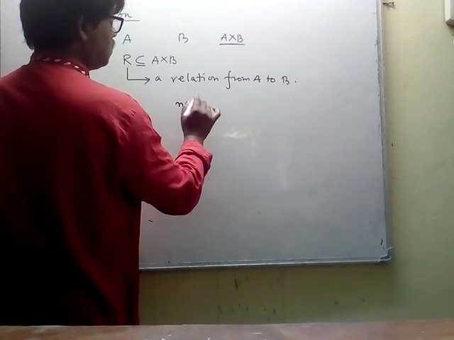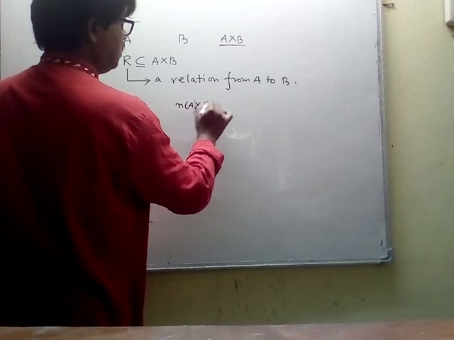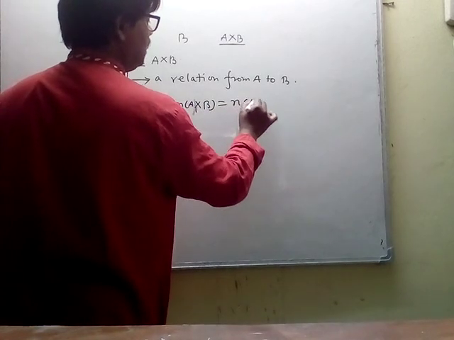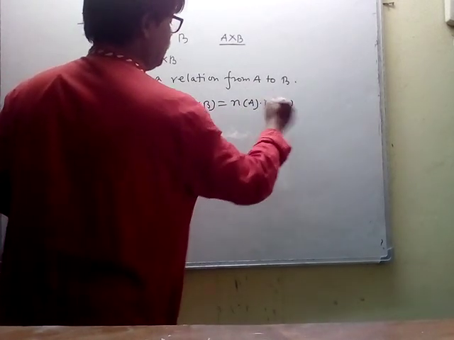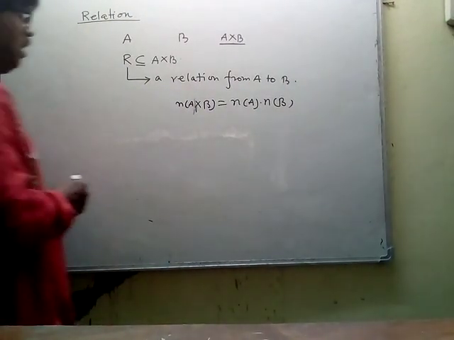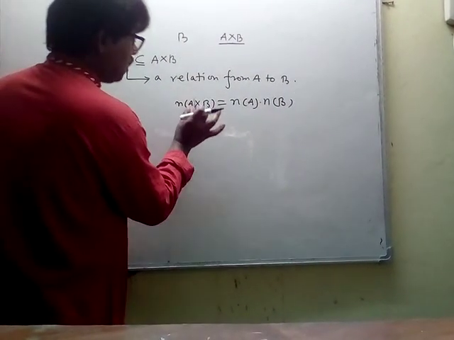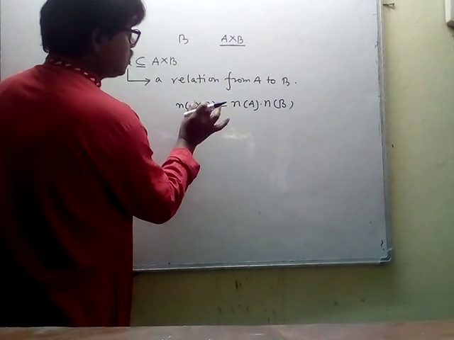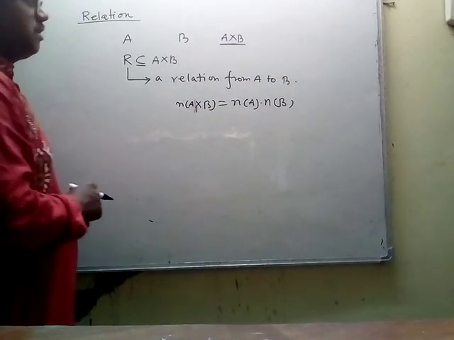The number of elements in A cross B equals n(A) into n(B). Now how many subsets of A cross B are there? How many subsets?